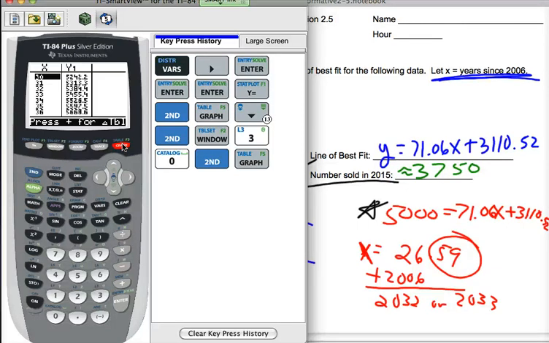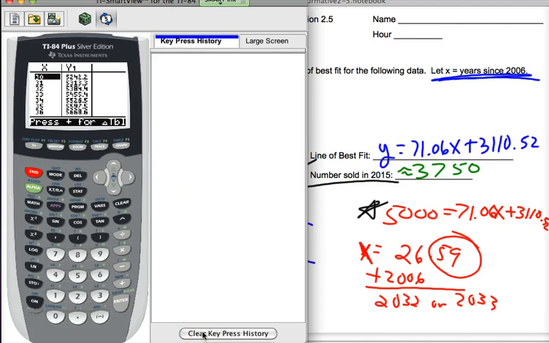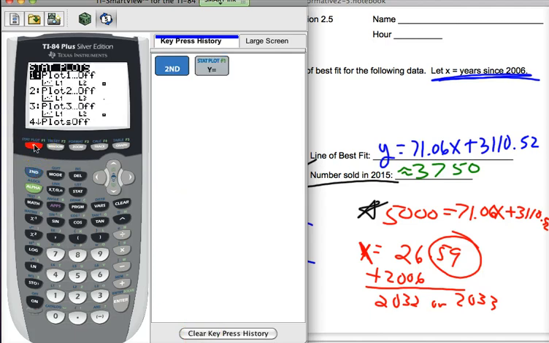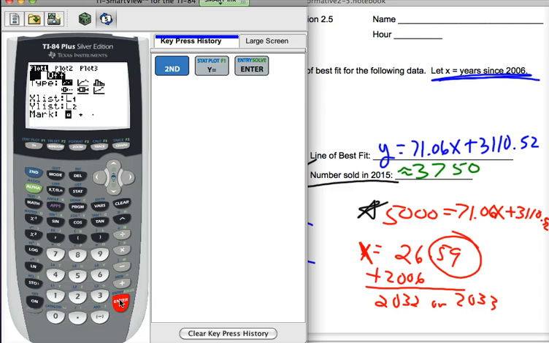We could also graph our plot. Let's take a look at graphing our plot. If you want your calculator to graph it, let me clear this first and start over. Let's go second, y equals. Press enter on plot. Get the plot turned on. I want a scatter plot, which is already highlighted right here. So that's good.